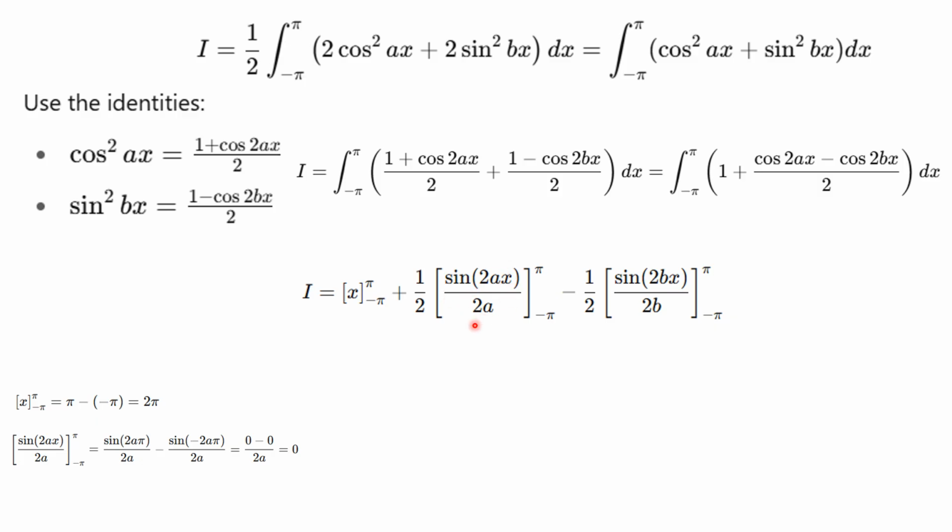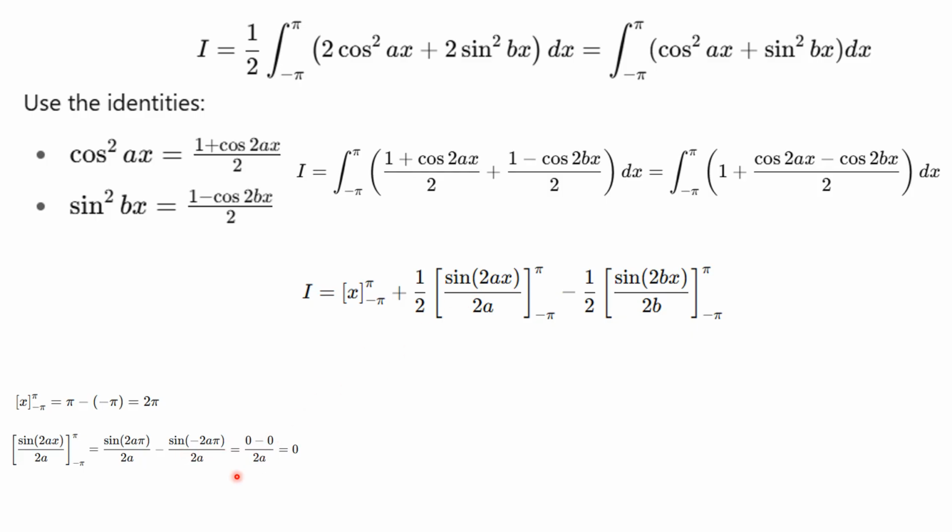Now sin 2ax by 2a between minus pi to pi. Replace x by pi, so we have upper limit minus lower limit, so that is sin 2a pi by 2a minus sin of minus 2a pi by 2a. We know that sin 2n pi is 0. Therefore, sin 2a pi and sin of minus 2a pi both are 0.